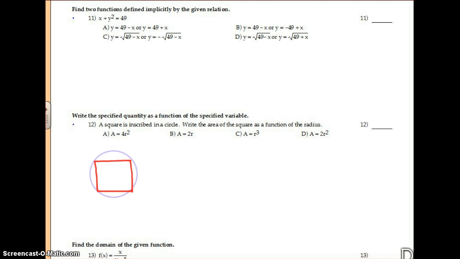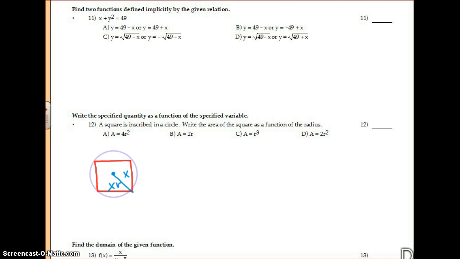Keep in mind that a square, that's going to be x and x. The center of my circle will be right here. And we want to write the area of the square as a function of the radius. The radius would be that diagonal as well, which is r.